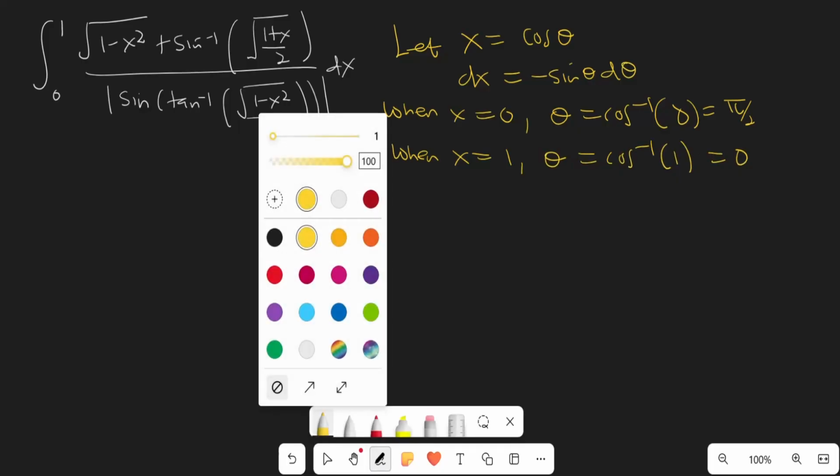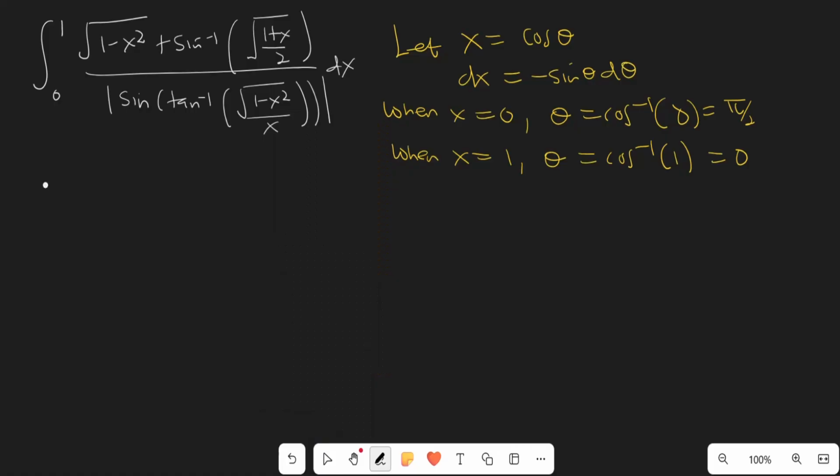So let's take our integral from the x world into the theta world.